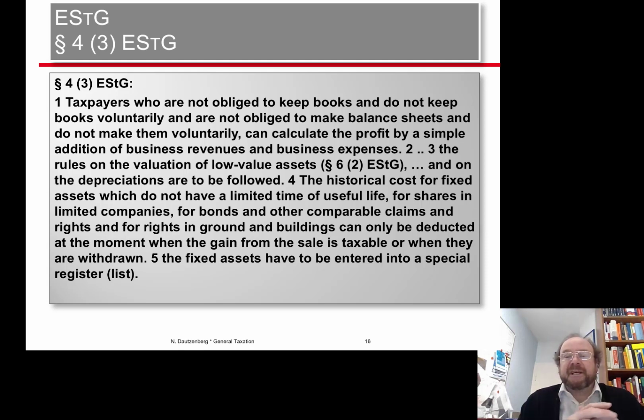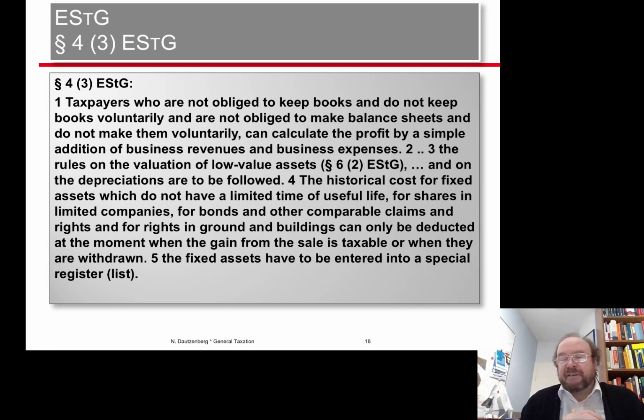So these people can then choose to calculate the profit by a simple list of business revenues and business expenses, which they then add up, and from that obtain the result for the year.